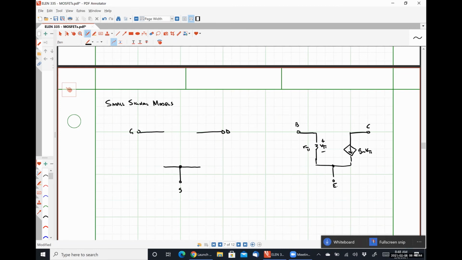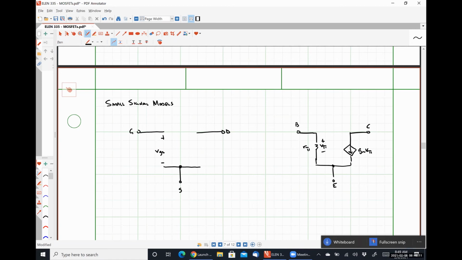So between our gate and our source, we're still going to see that very, very large input impedance. We're going to treat that as an open circuit, even in our small signal analysis. So plus, minus, lowercase vgs is how it's usually written.